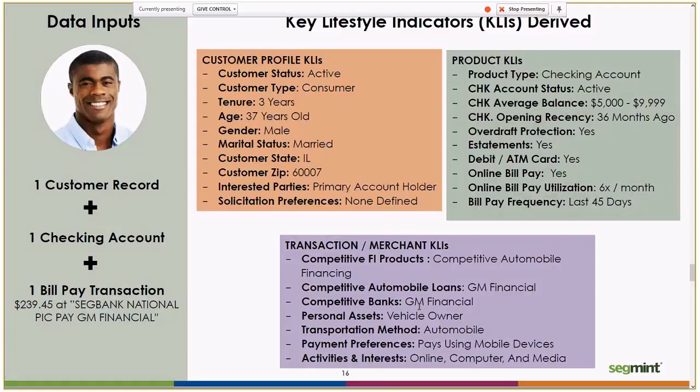The simple data that those engagements and systems make available really produce a lot of insight about your member very quickly.